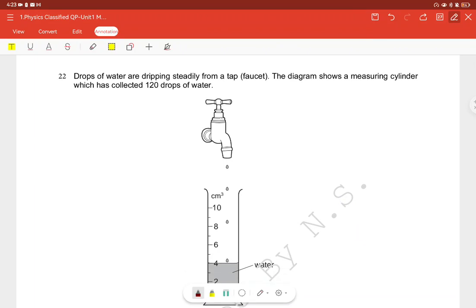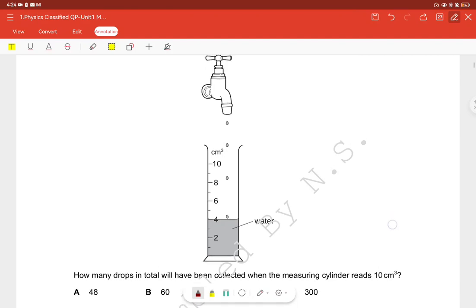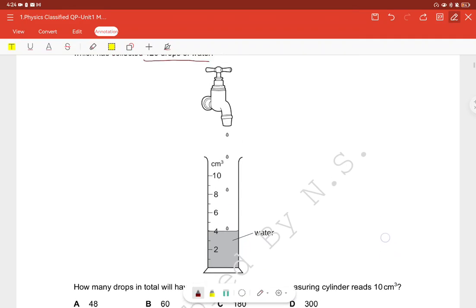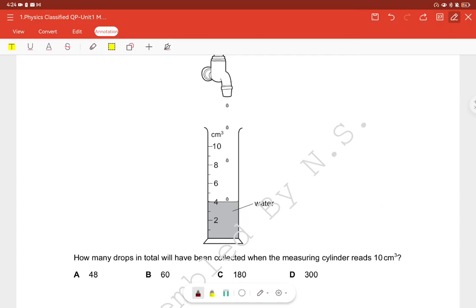Alright, question 22. Drops of water are dripping steadily from a tap or faucet. The diagram shows a measuring cylinder which has collected 120 drops of water. How many drops in total will have been collected when the measuring cylinder reads 10? 120 of them make 4 centimeter cubed.